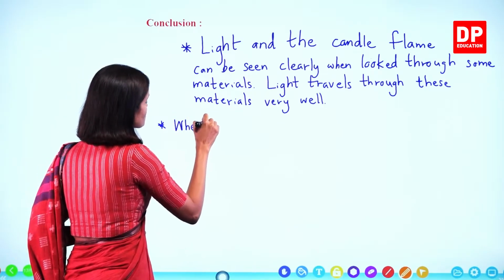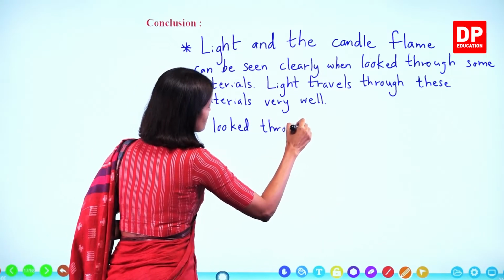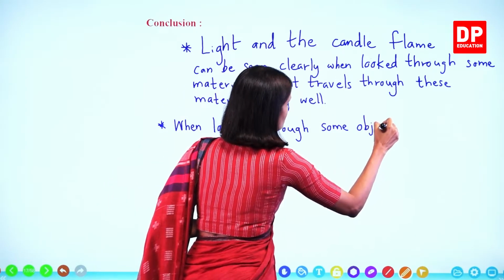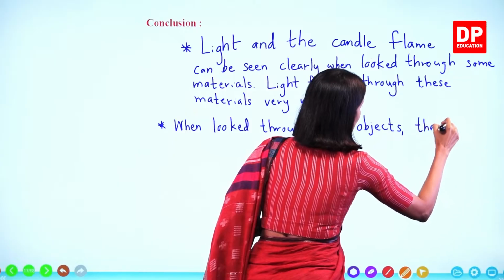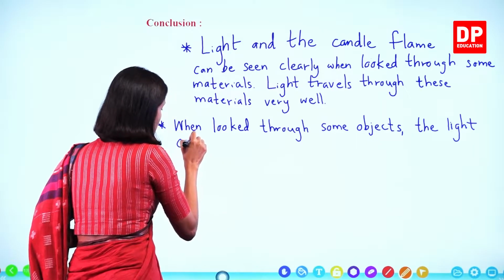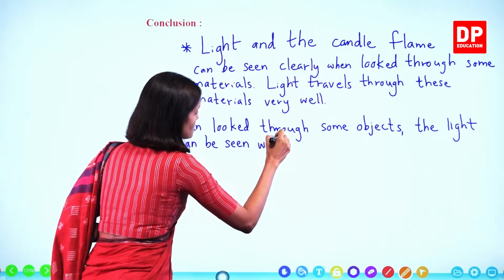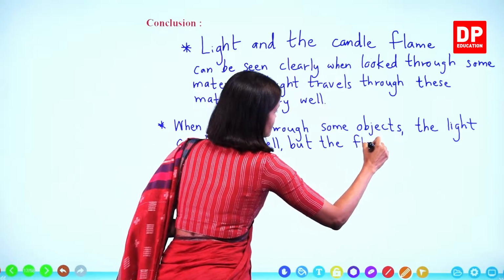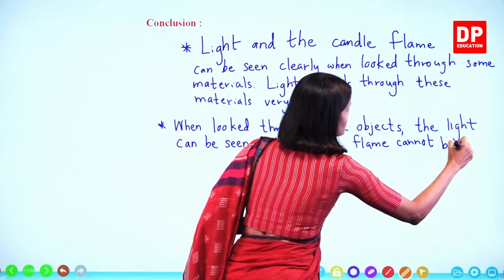When looked through some objects, the light can be seen well, but the flame cannot be seen.